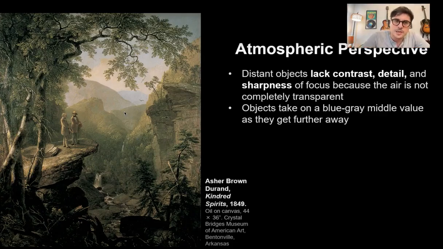So atmospheric perspective, very specifically, is this in the background, where, as you see in the distance, atmosphere, air, dust particles, pollution, and so on and so forth, all of the stuff is in between me and the thing that I'm seeing way over there, on the other side of the valley, these other mountains. Because of the atmosphere between, everything is kind of middle-grayed out.